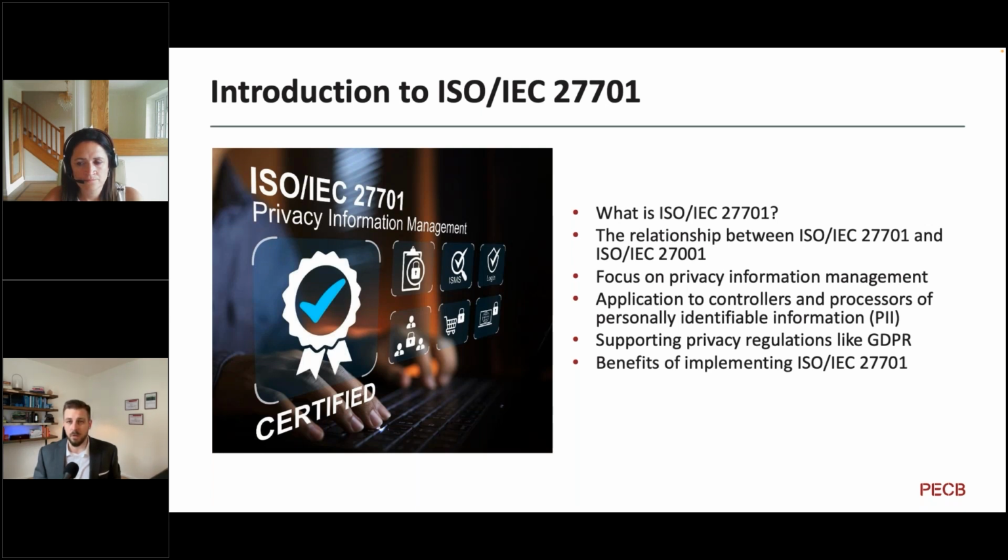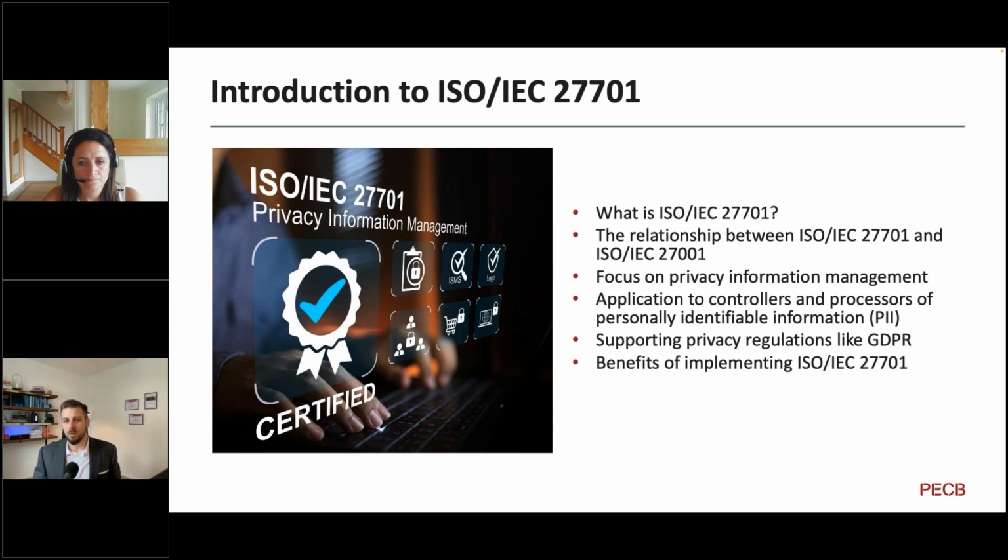So cybersecurity, as an example, or information security would be how you protect particular data. In the case of data, that could be, for example, business information that doesn't have any personally identifiable information. Whereas with a privacy focus, like a privacy information management system, the focus is much more on protecting personally identifiable information.